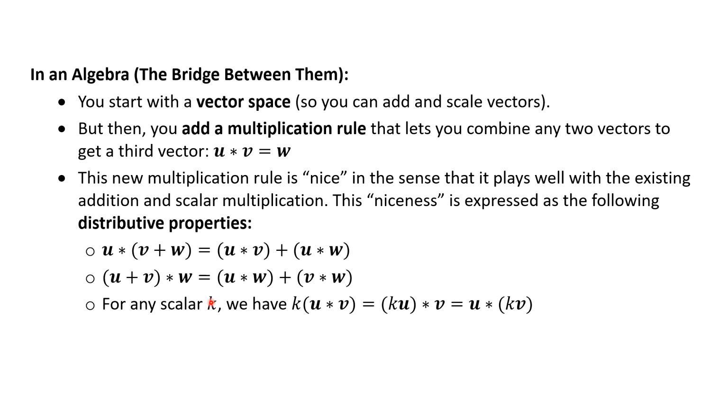And then for scalar multiplication, if you have a scalar k times u times v, you can group the k with the u, and then take the product with v, or you can group the k with the v and take the product with u. And all three of these things are the same.